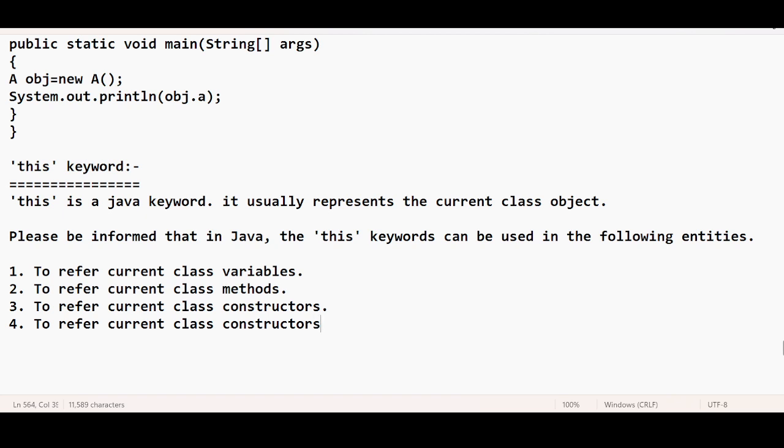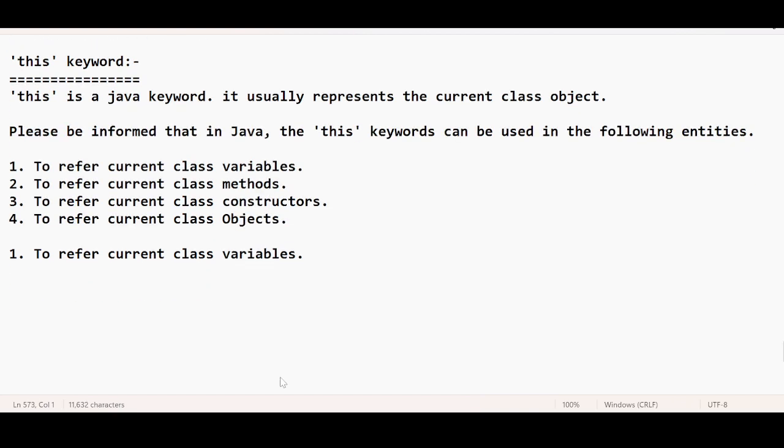These are the areas where we are going to use this keyword to give reference to the current class variables, methods, constructors, and objects. We will look into the examples for better understanding. Firstly, let us understand what it means to refer to current class variables.